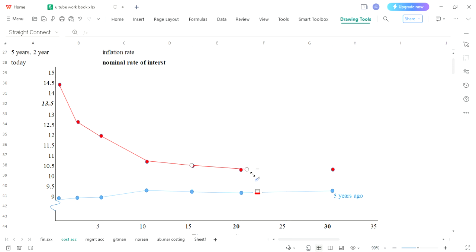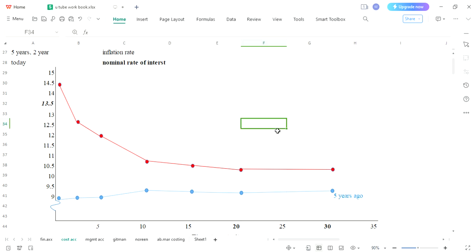No, it's not going. Okay. So we have joined the 15 and 20 years time period. Now we will join 20 years and 30 years rates. So guys, I'm sure you have a complete idea how to produce these graphs.